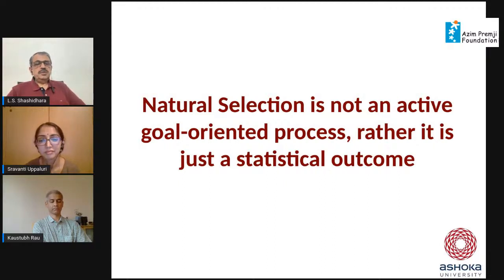It's an outcome, a statistical outcome, what we call natural selection. Selection is not an active process, as in 'Okay, I want to select something.' Instead, after something has happened, you look back and say something is now present at a higher frequency than in the previous generation, a particular variation, let's say, a particular allele. Then you say it is selected. Who selected? No one has selected that. It simply happens to be at a higher frequency.